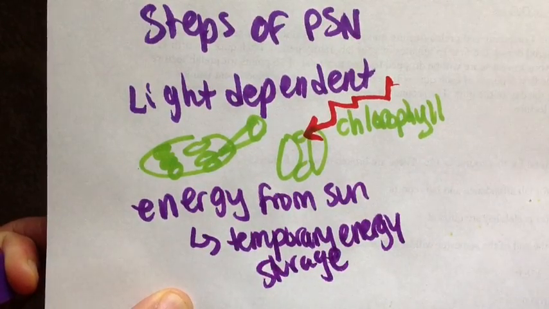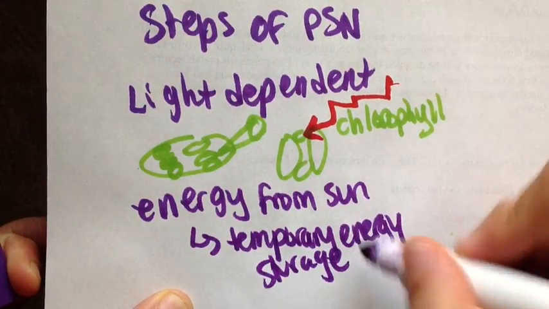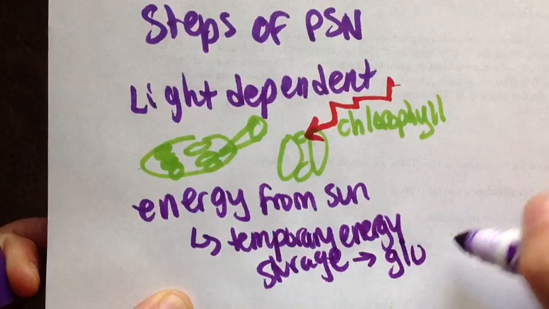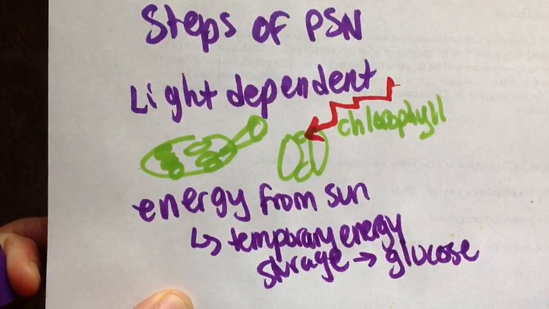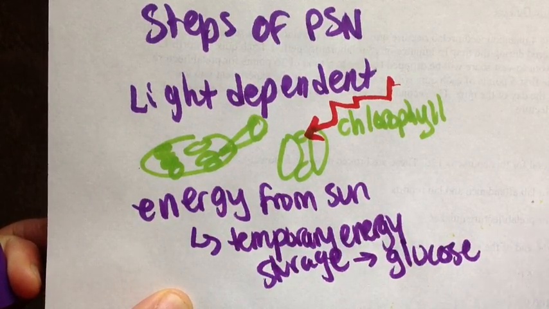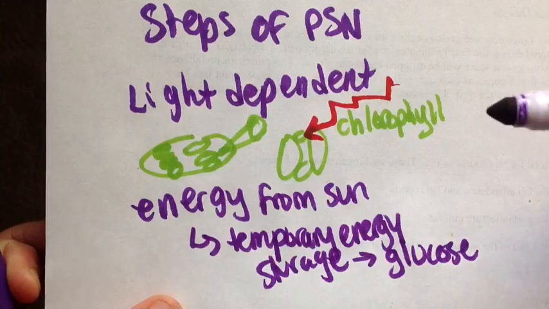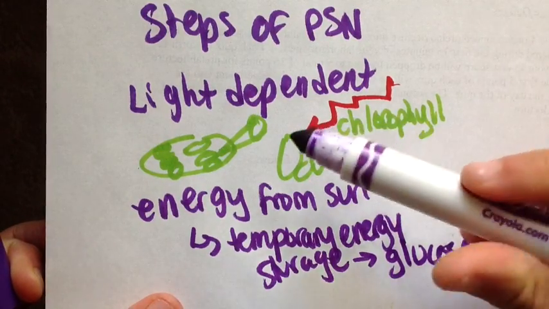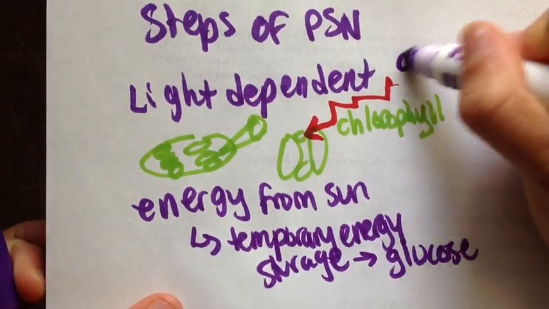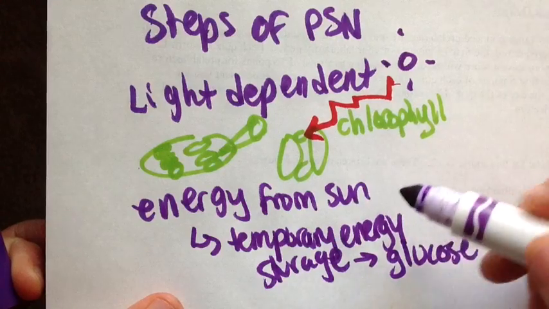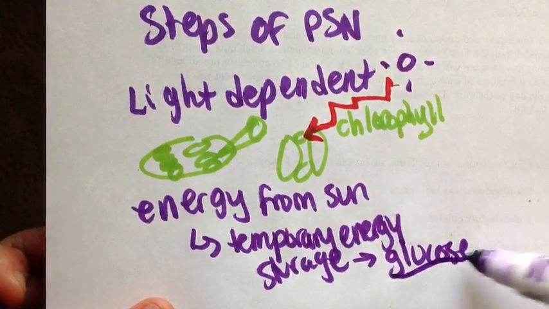We'll store that energy temporarily so that we can use it later, but the goal is eventually to put it into glucose. But for right now, we've temporarily stored the energy from the sun. And basically that's the goal of the light-dependent cycle. We're taking energy from the sun, using that in chlorophyll, and saving it for later for glucose.